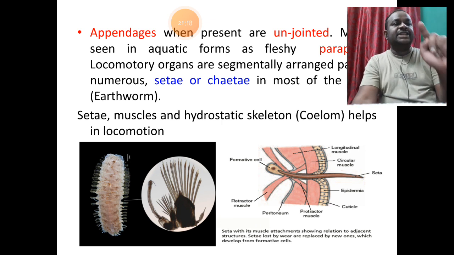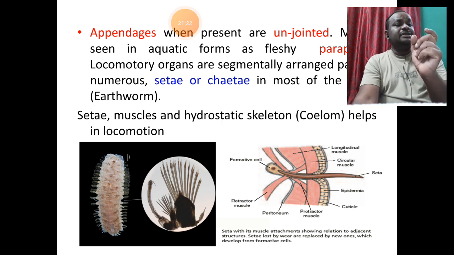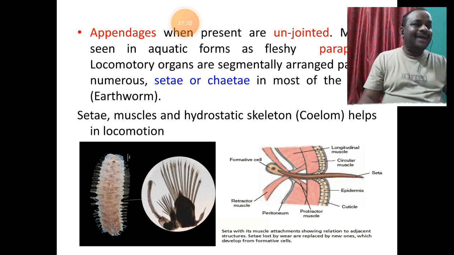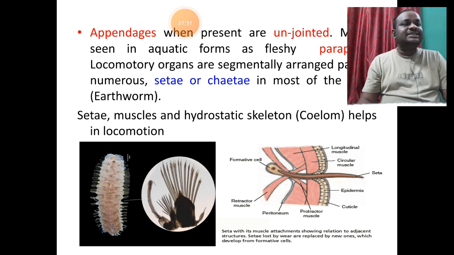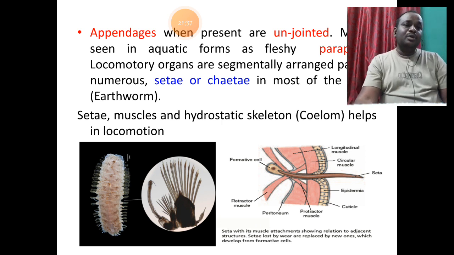These structures are referred to as setae or chaetae. They act as the locomotory organs in the earthworm. So in terrestrial organisms, generally we find setae or chaetae. In aquatic organisms, we find parapodia as the locomotory organs.